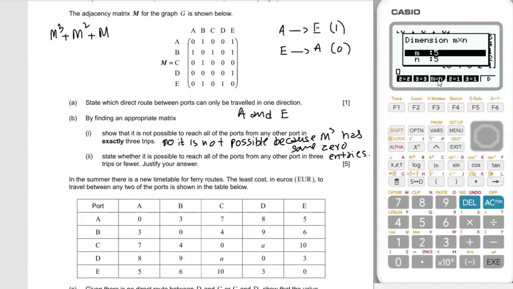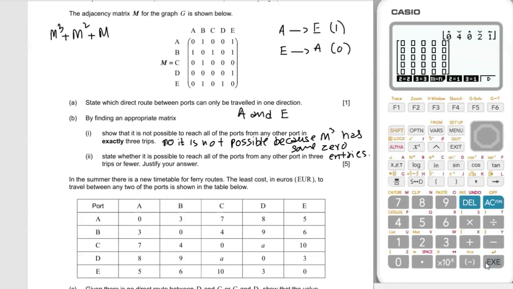So let's quickly add these matrices, right? 0, 1, 0, 0, 1. So if you are solving with me, you can take out your GDCs and do it as well. And if you're just watching, maybe you can skip this part, just move a bit forward and check the rest of the solution. 0 and 1.